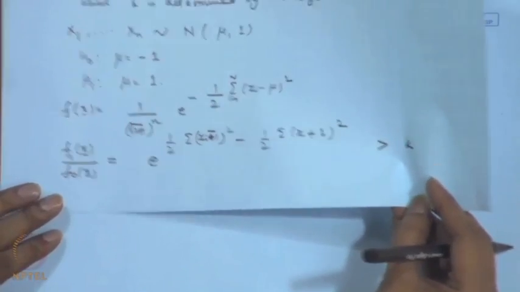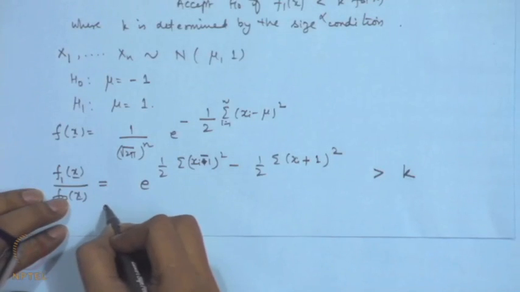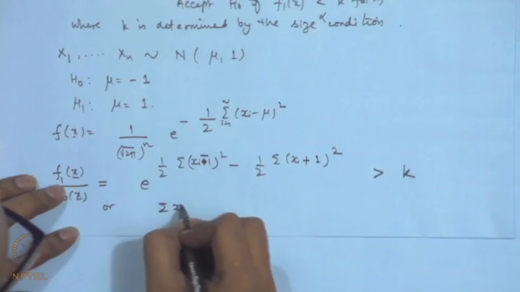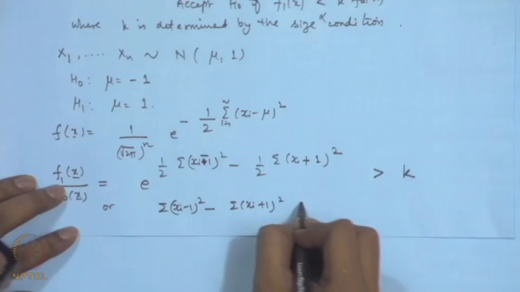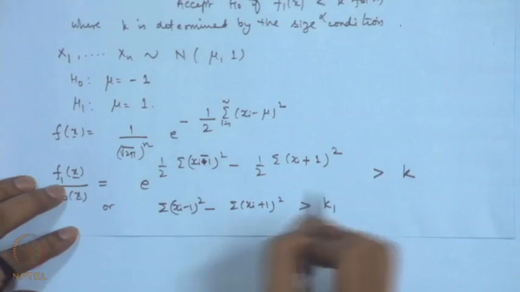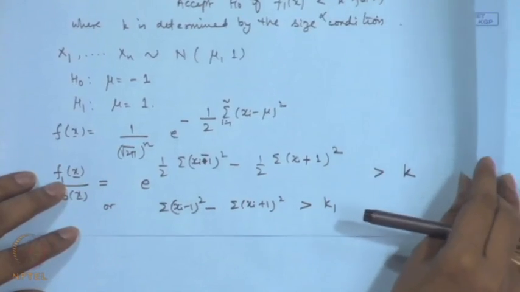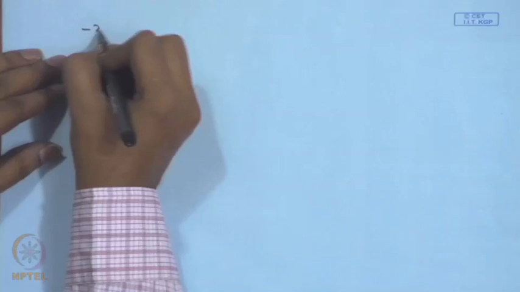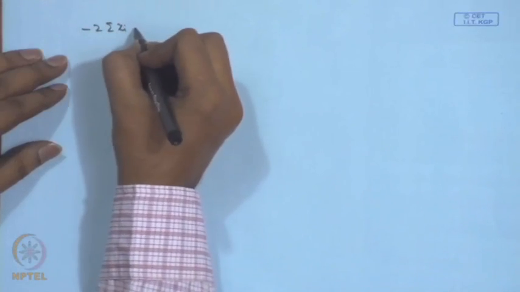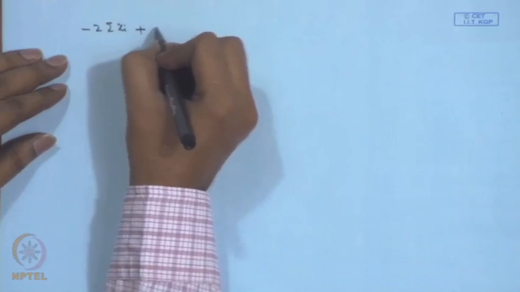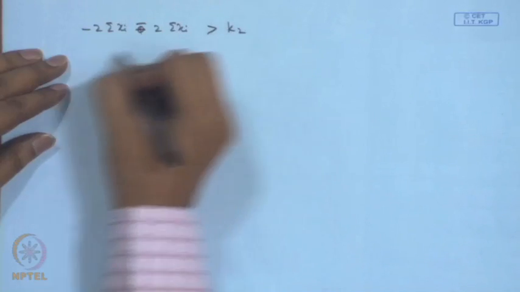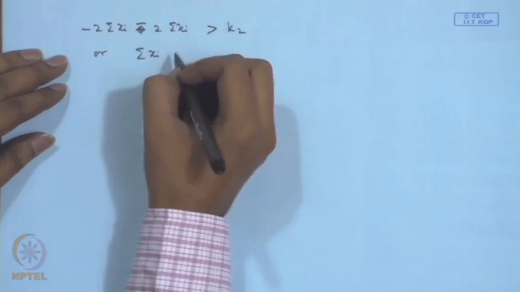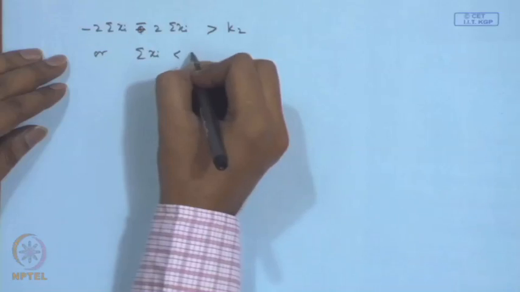Now, we can simplify this. If we take the logarithm here, this will imply sigma (x i minus 1) square minus sigma (x i plus 1) square is greater than some constant, say k 1. Now, this can be further simplified. We can write it as minus twice sigma x i plus twice, again minus twice sigma x i greater than some k 2, or we can say sigma x i is less than k 3.